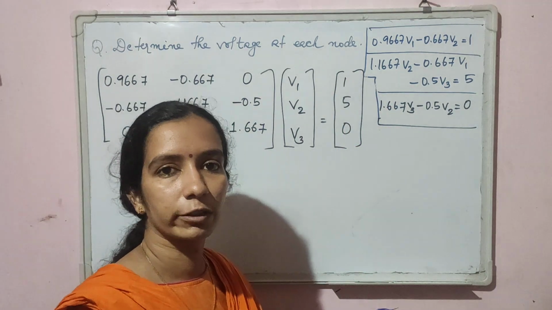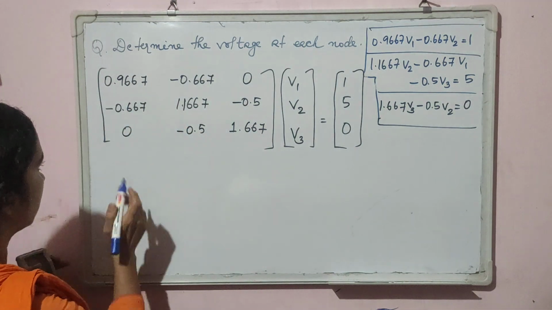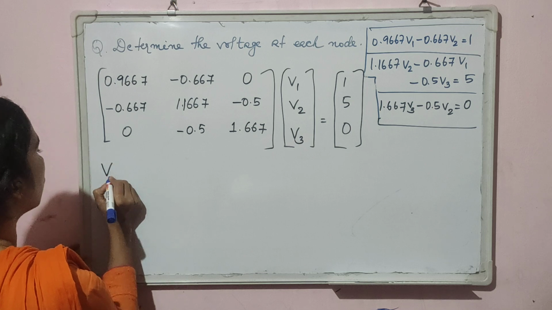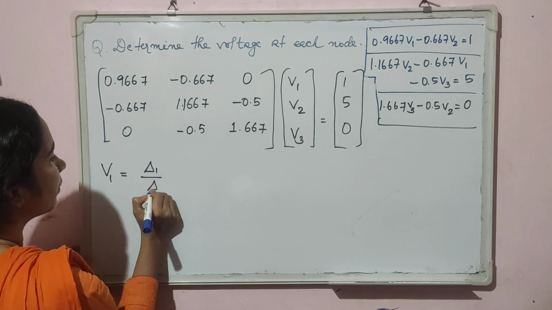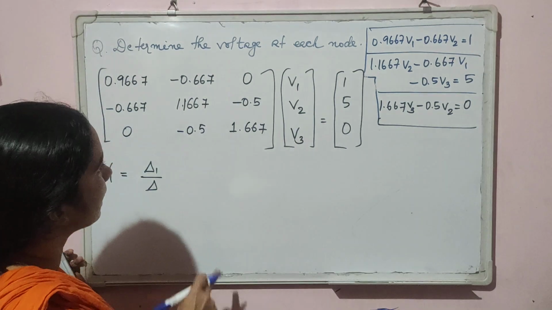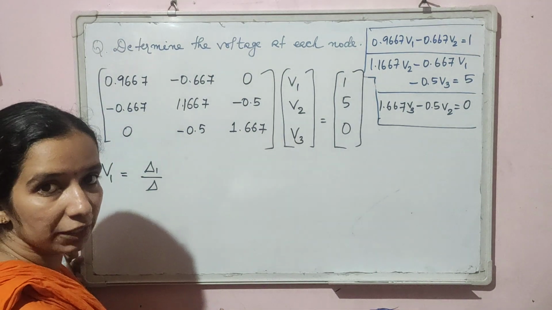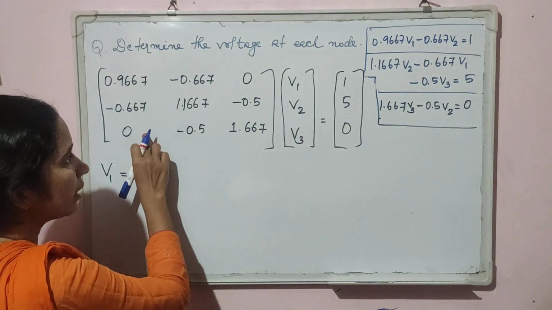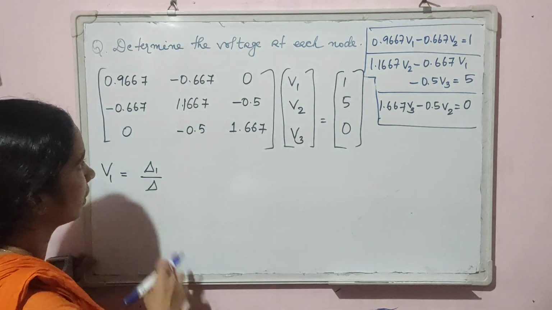Now we can solve the equations using Cramer's rule. So according to Cramer's rule, the node voltage V1 is equal to delta 1 divided by delta, where delta 1 is the determinant of that matrix, which is obtained by replacing the first column of the coefficient matrix by the constant matrix.